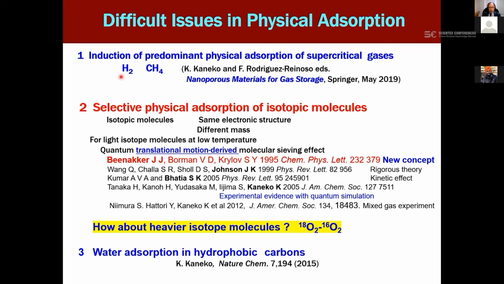This is very important, but very difficult. And another one is selective physical adsorption of isotopic molecules, because isotopic molecules have the same electron structure, so the same dispersion interaction, and it is very difficult to distinguish them and have selective adsorptivity.